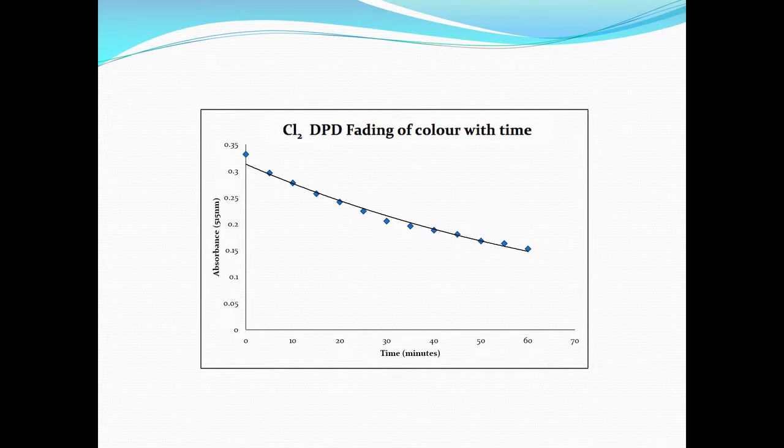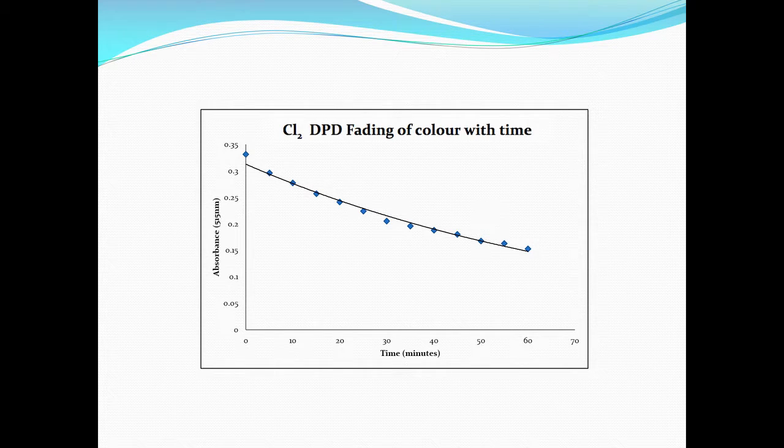Now, here I am showing you one more figure, that chlorine is determined by the fading of the color, not by addition of the color. So, I have given you a figure here. The fading of the color is not a very convenient thing, because it keeps on fading, because chlorine is an oxidizing agent.